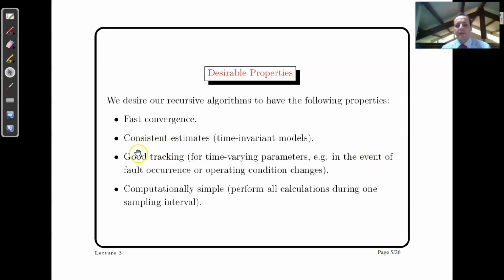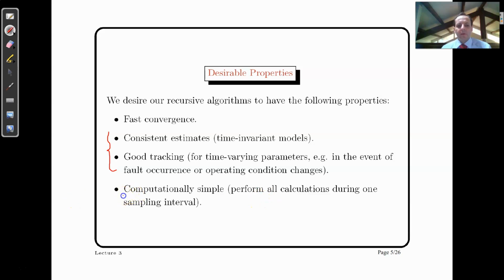So it's something linked to the second point. Your estimates should be good, and then quickly tracked by your system, your variables.